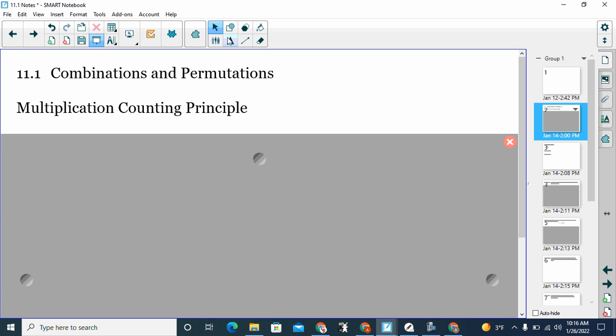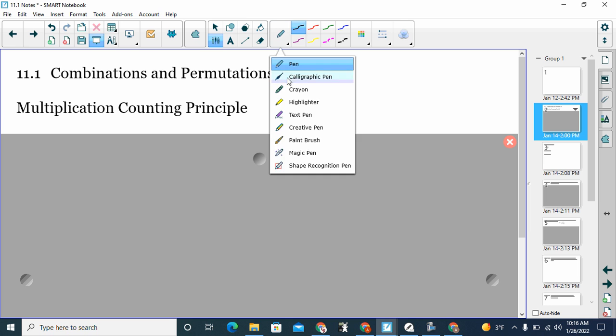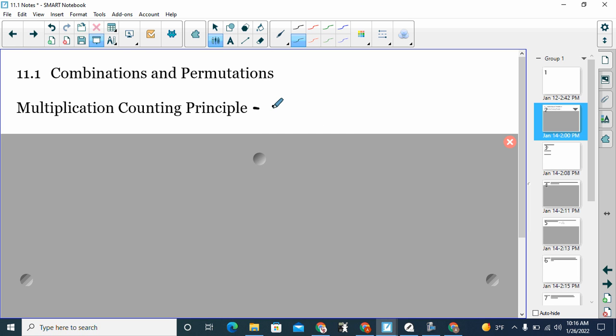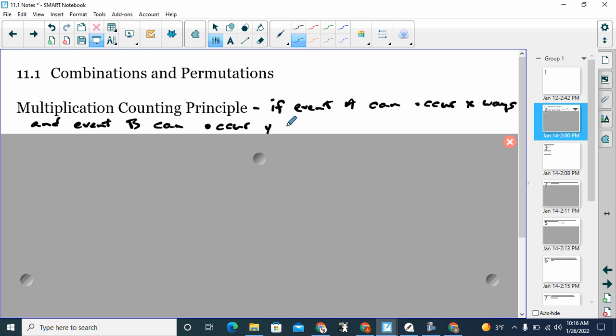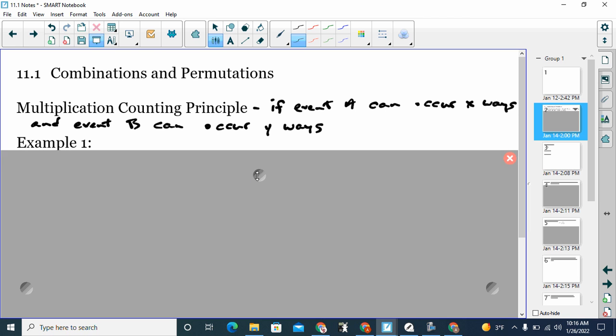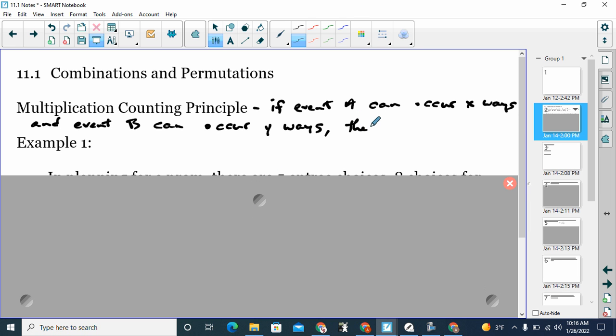First thing we talked about was the multiplication counting principle, which says if event A can occur X ways and event B can occur Y ways, there are a total of X times Y ways they can occur together.